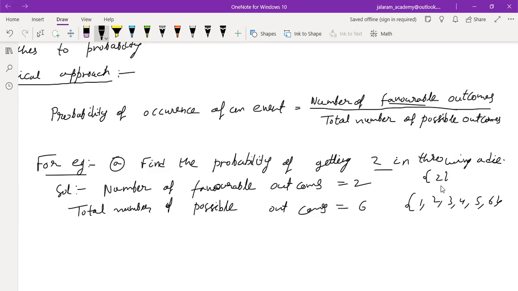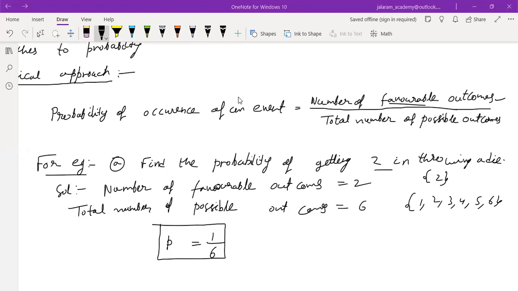So we can find this probability P by using this formula: number of favorable outcomes 1, total number of possible outcomes 6. So the probability will be 1 by 6. Understood? Yes, sir.